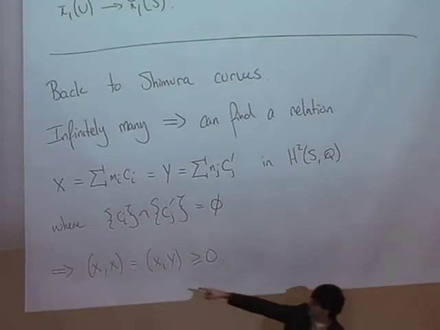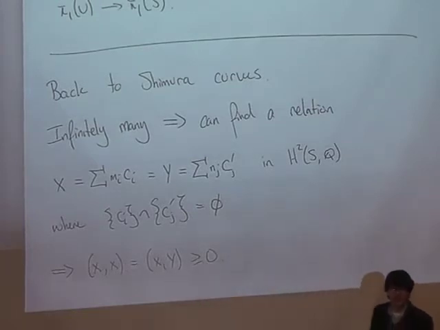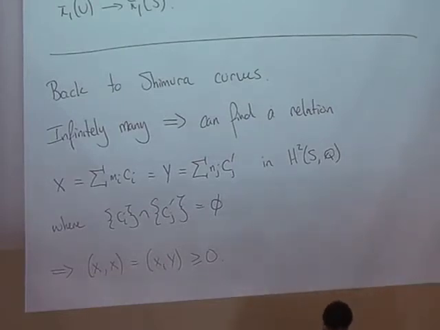And so that tells you that the self-intersection of this divisor has to be at least 0. Might be 0. So just having infinitely many of these things allows you to build a divisor that's positive. Well, it's maybe 0. So there's a little more work to do. And again, I'll get back to how you can do this effectively very soon, actually.